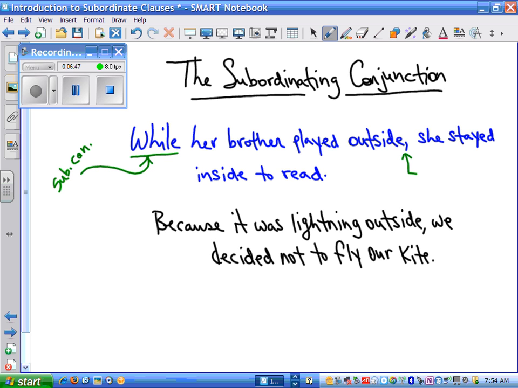While her brother played outside, she stayed inside to read. So the she stayed begins the main clause of my sentence. And like I said before, seeing the subordinating conjunction that's beginning this clause is a clue to you that you have choices. Writing is all about choices. You control this. So it starts the sentence, but it's possible to end the sentence with it.